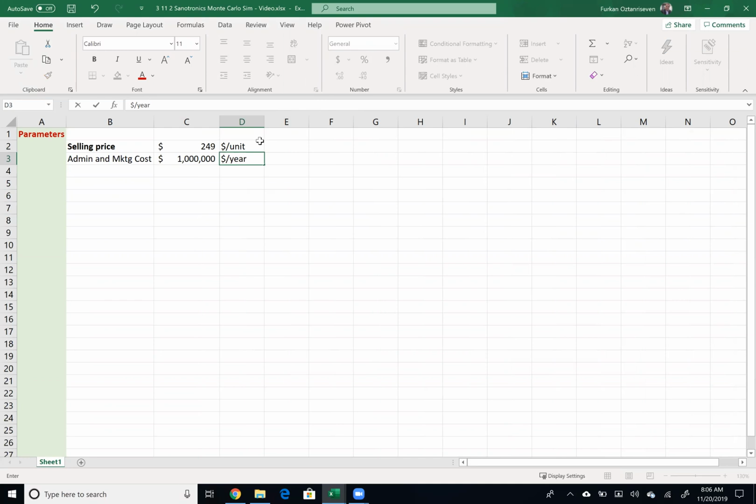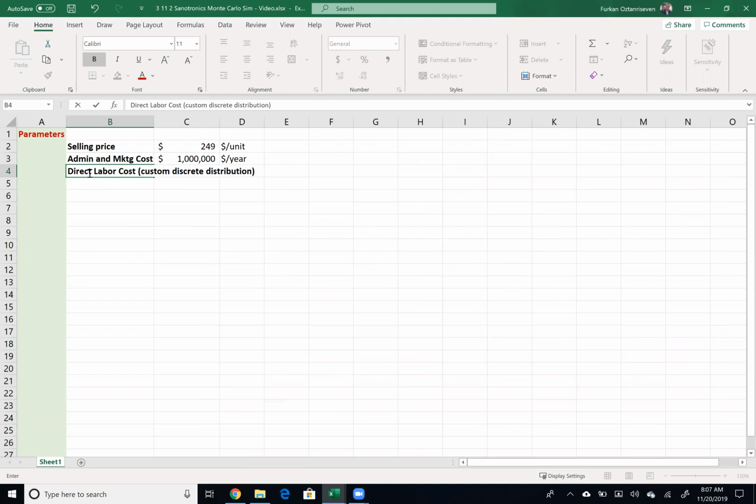And also I have direct labor costs in this problem. And let's see what it is. It is given to be a random number based on a custom discrete distribution.